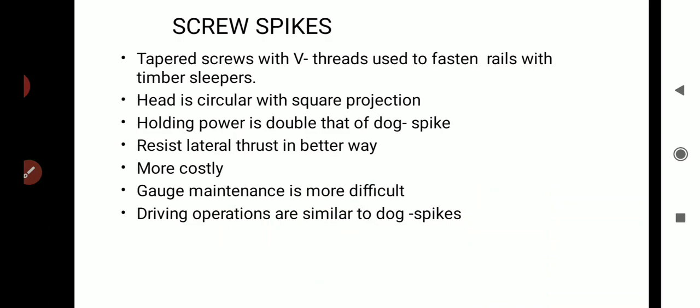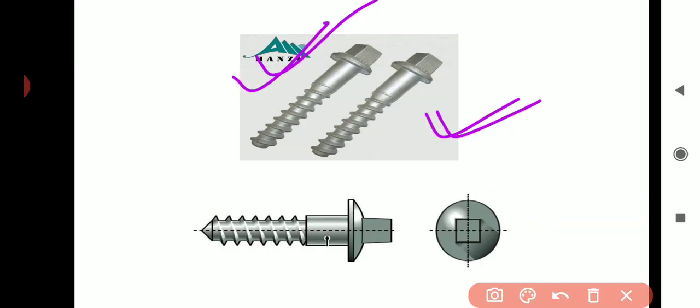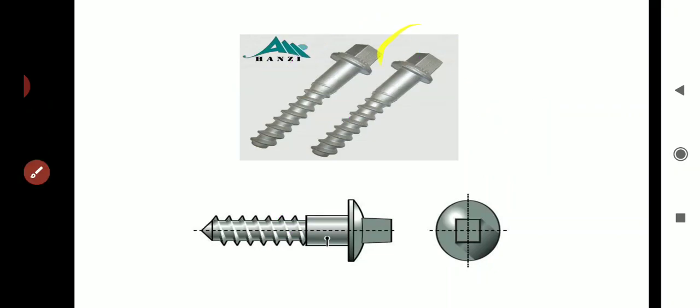Then next, come to the screw spike. Here you can see these are screw spikes. These threads are generally V shaped. Its head is circular shaped with a square projection. Here you can see this is the cross section of its head.